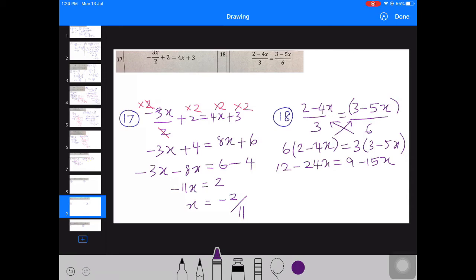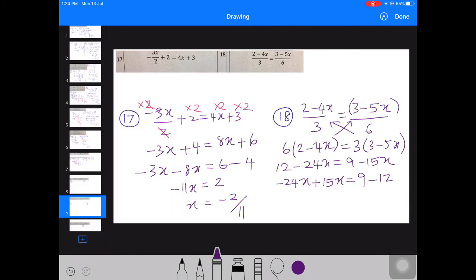put the terms with variable on the left and the terms without variables on the right. So negative 24x initially is on the left, so it remains negative 24x. Then minus 15x you bring to the left becomes plus 15x. Then 9 minus 12.